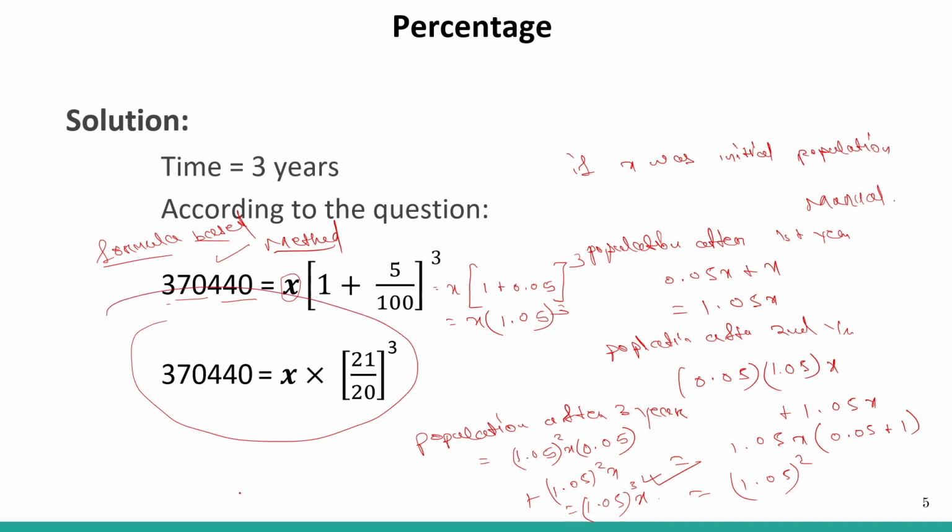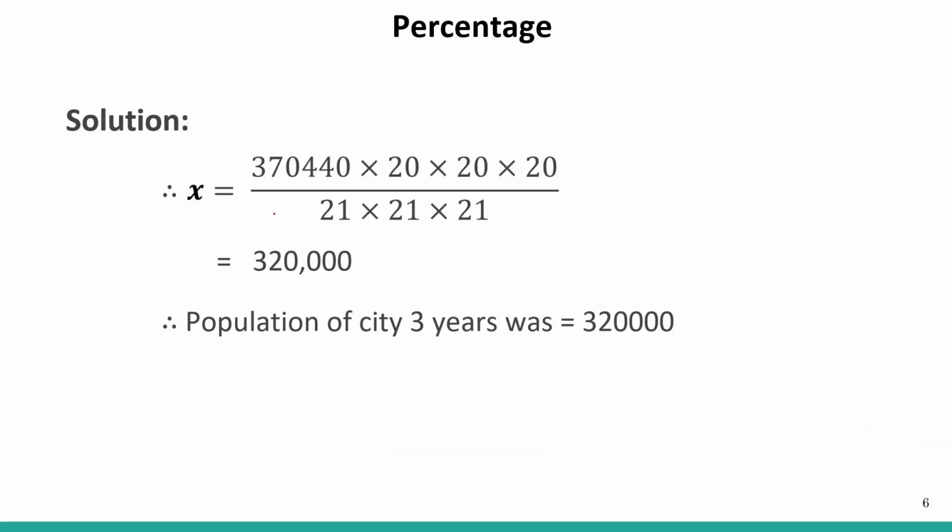So let's solve this. This into 20 into 20 into 20 by 21 into 21 into 21 is equal to 320,000. So this is the correct answer. The population of the city before 3 years was 3,20,000.